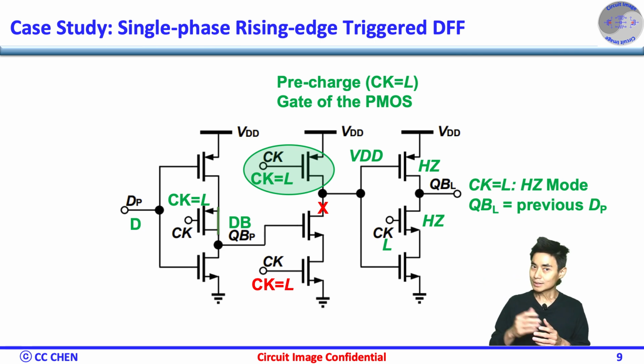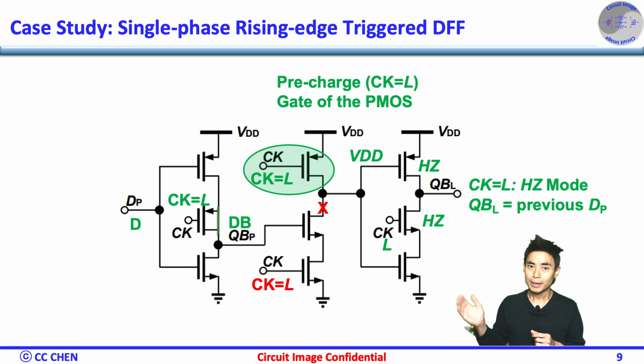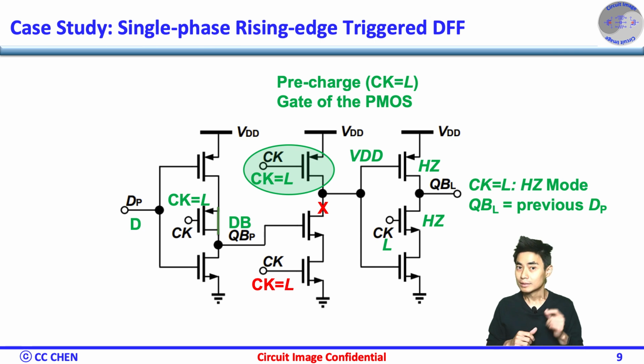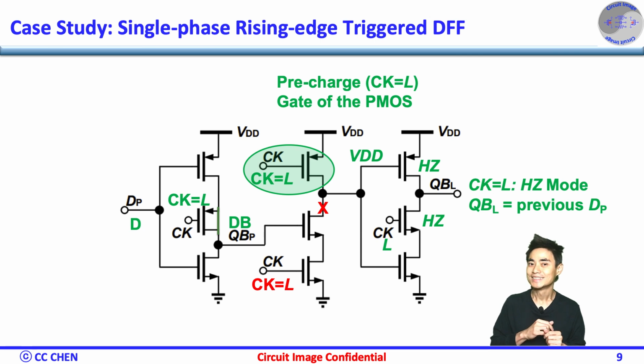First, when CK is low, the first inverter passes the D to be D bar at the output, and the second stage charges its output B to be VDD, which turns off the last stage VDD pad, while the CK turns off the ground pad. Therefore, the output QB is in high Z mode and holds the previous state.